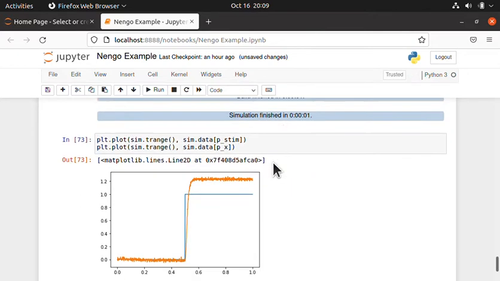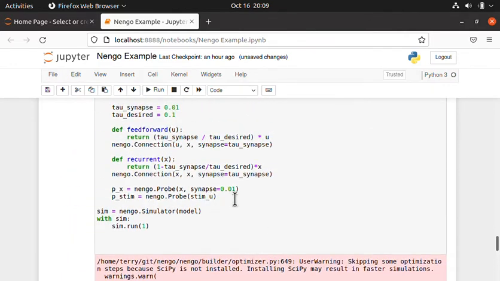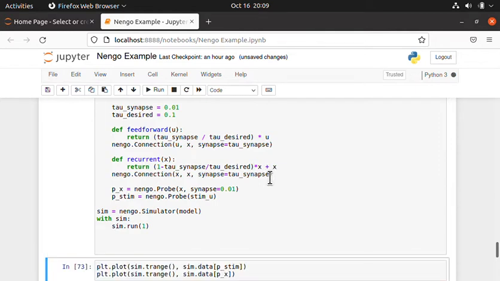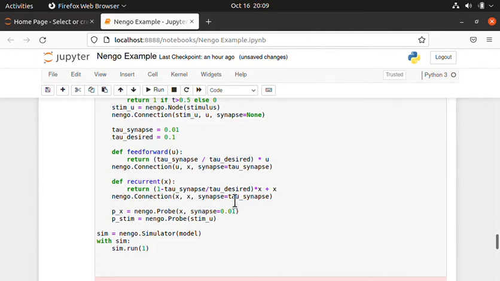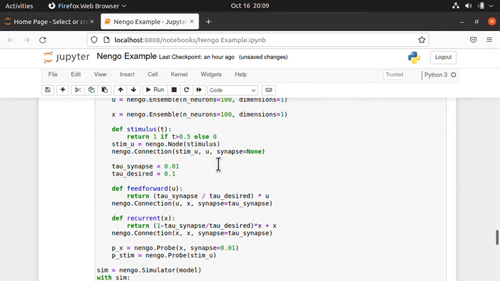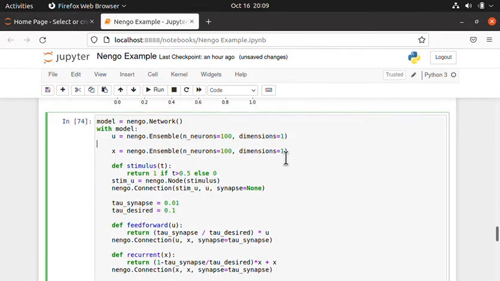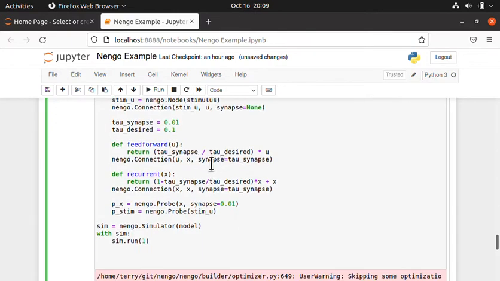X. We did something wrong here. What did I do wrong? I forgot to add X. What else did I do wrong? Shoot, I've done something wrong. What did I do wrong? Did I do my math wrong? Oh, whoops, no. I did do that plus X, that's fine.